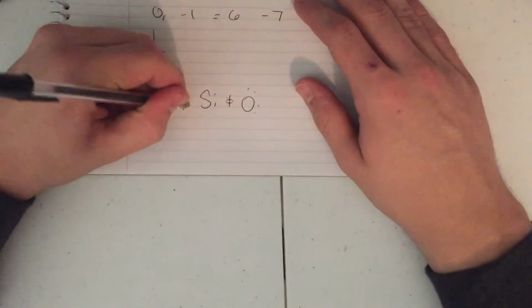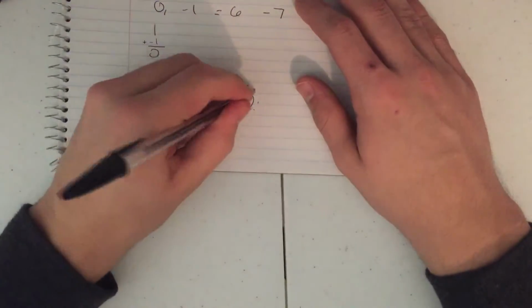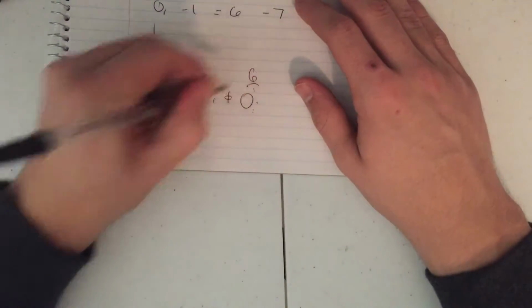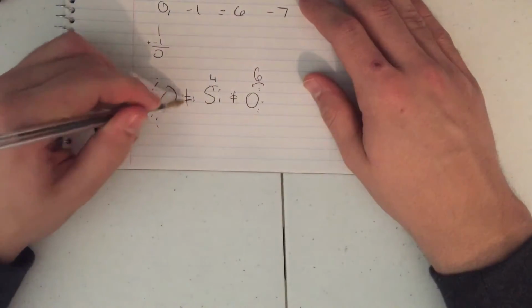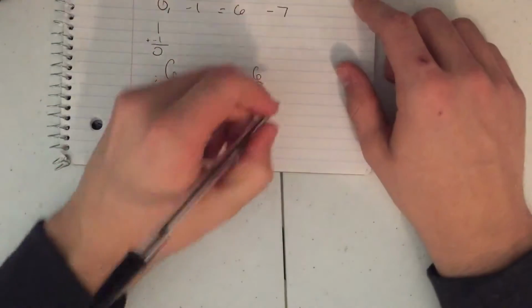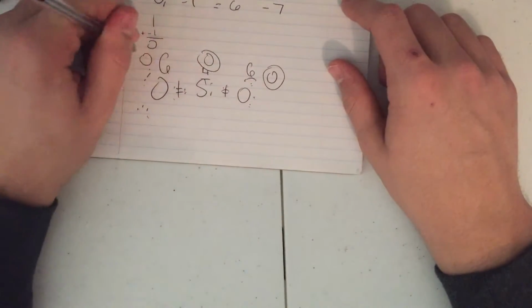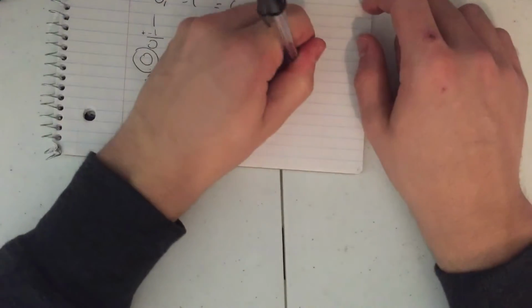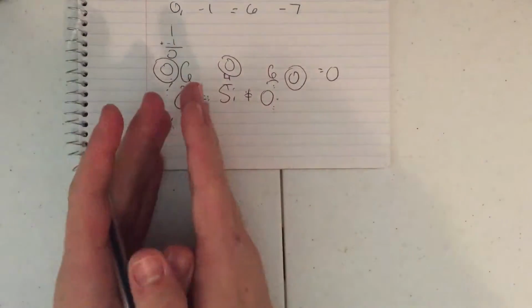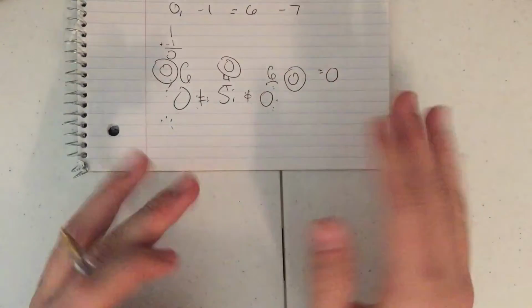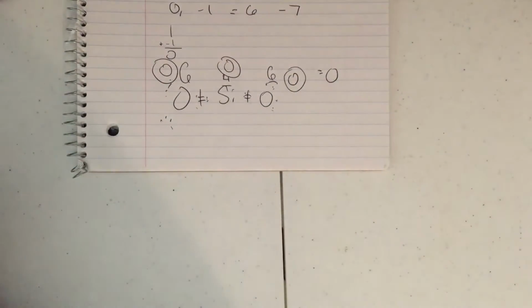Each oxygen has 1, 2, 3, 4, 5, 6, and 6 minus 6 is 0, so the formal charge would be 0, 0, and then 0 for silicon. So because none of these are off, this would be the best, or most likely, form of it.